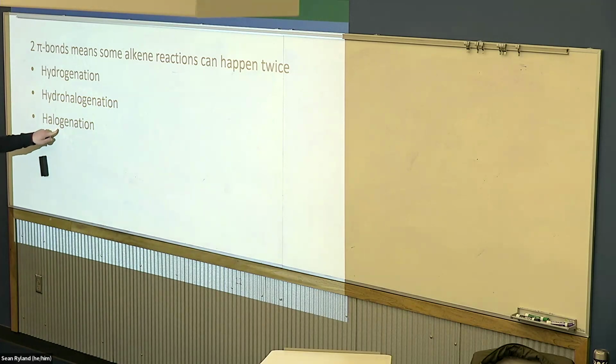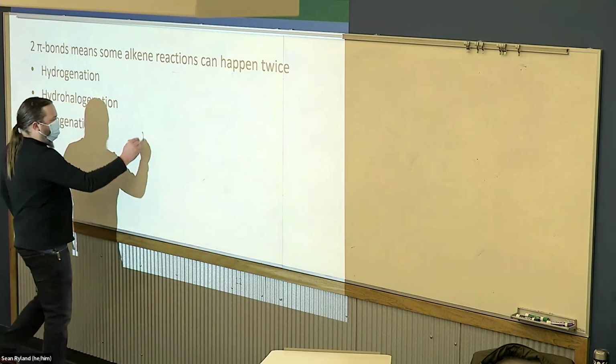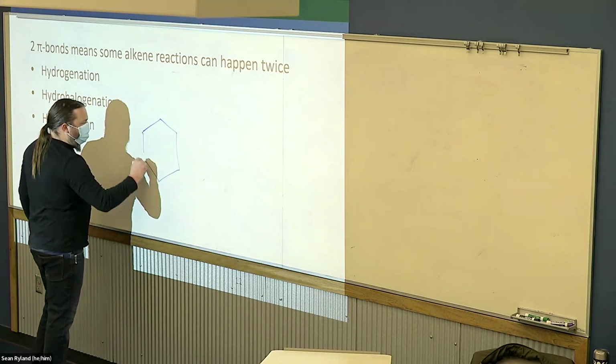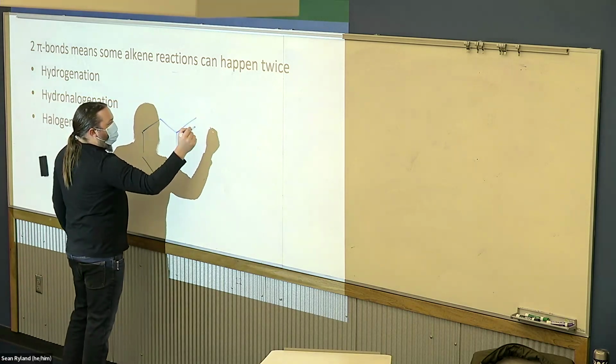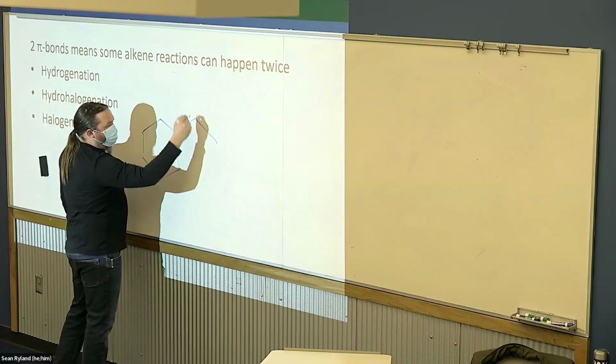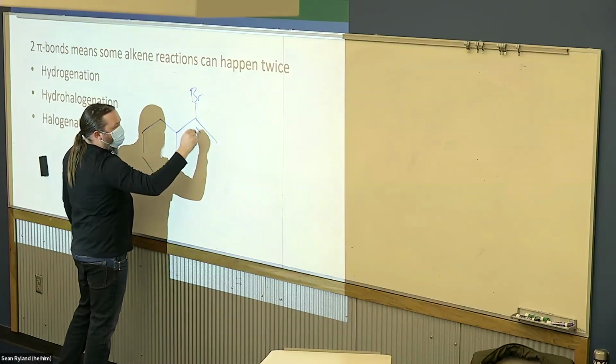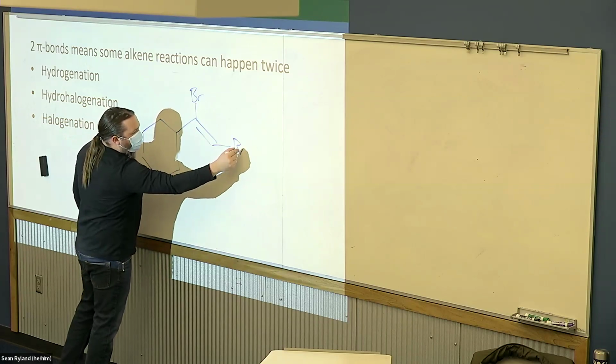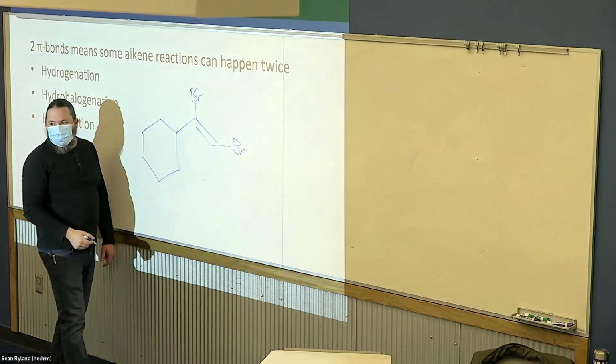And like I said, halogenation, if you do that twice, each halogenation adds 2 bromines. So that actually would give us a total of 4 bromines added. Because we'd add a bromine here and a bromine here, and then we would do it again.